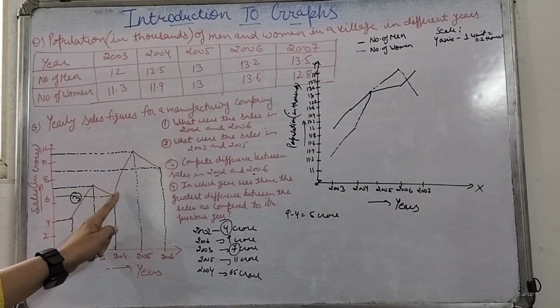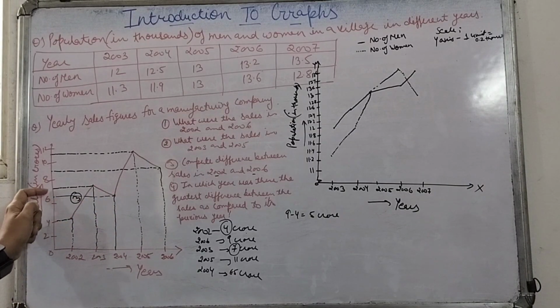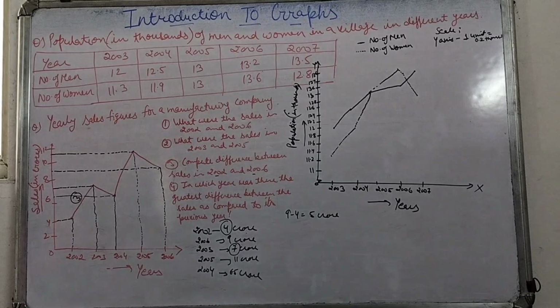If we make a horizontal line from this point, it lies between 6 and 8, not exactly in between, near to 6. So it is approximately 6.5 crores.